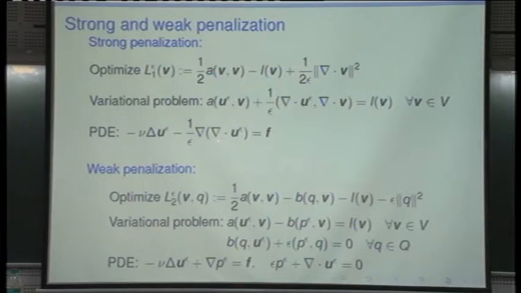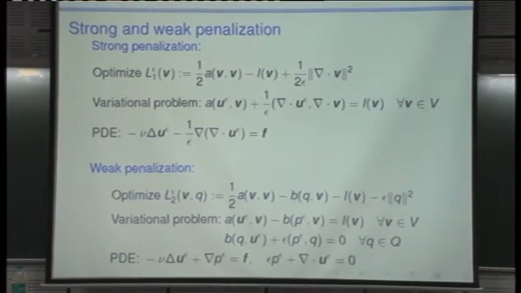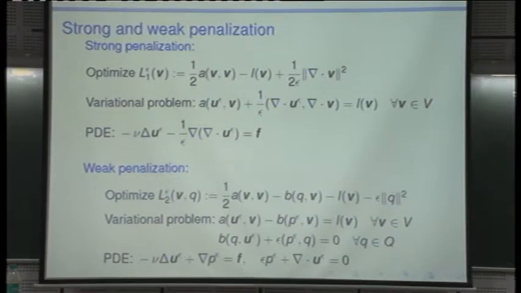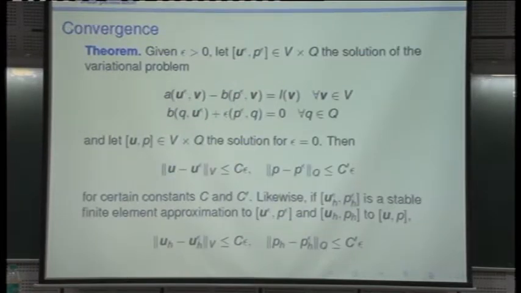Look, there is no pressure here, and here pressure is p epsilon. Solution of this system of equations. And then the partial differential equation associated to this problem has two equations. One is this one, and the other is this one, but if we replace p epsilon from this equation and put it here, we recover exactly the first equation. So at the level of the partial differential equation, both problems are the same.